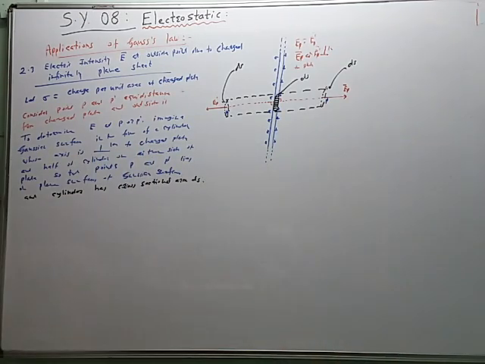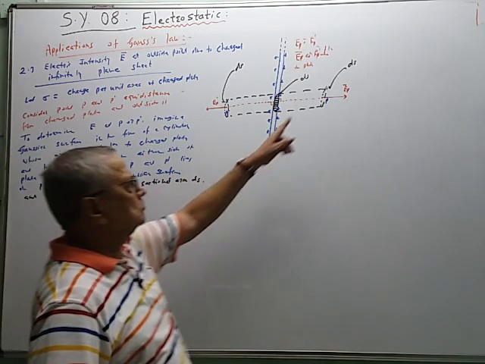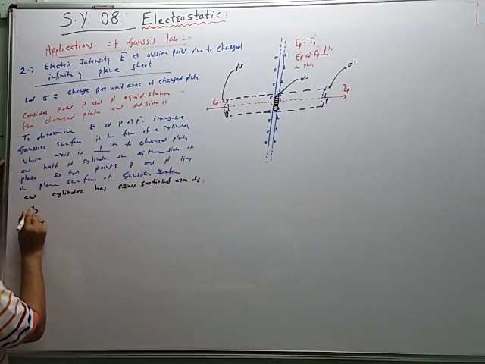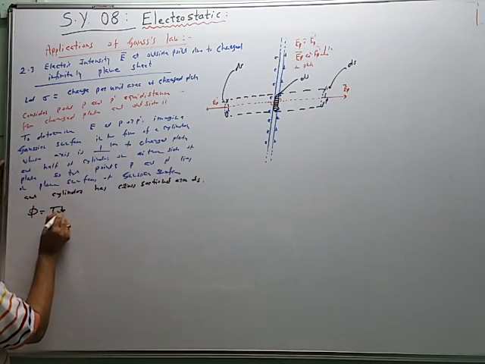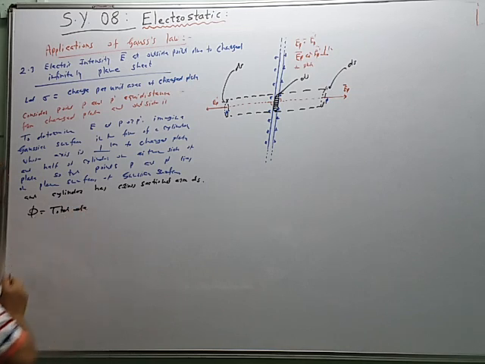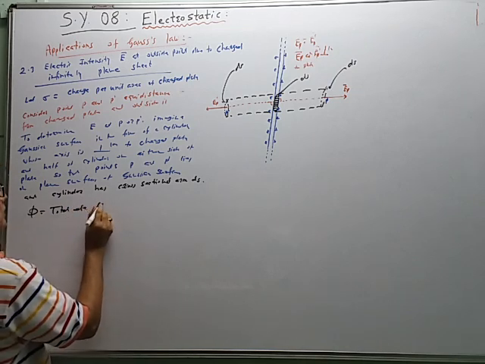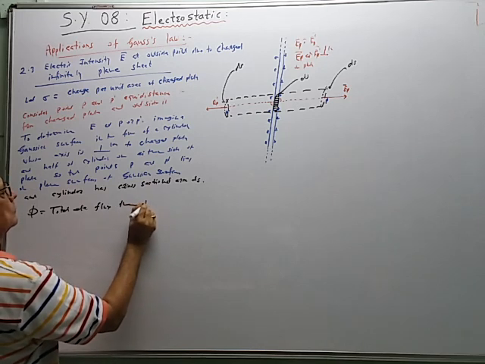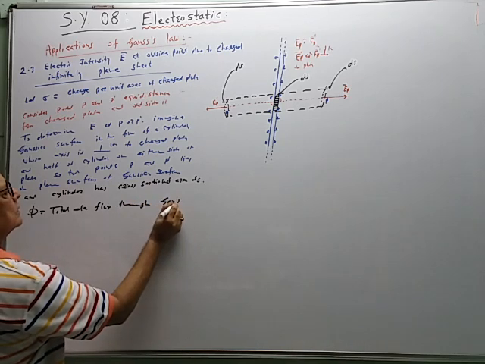So this is the imaginary cylinder. Now we have to find the magnitude of the electric intensity at point P, and therefore we consider phi. Phi is equal to the total electric flux through the Gaussian cylinder.